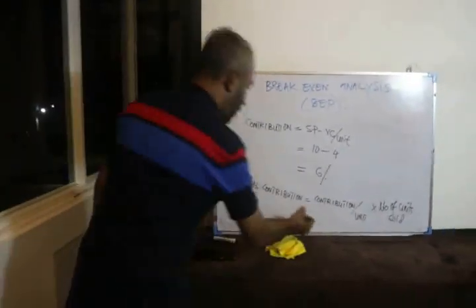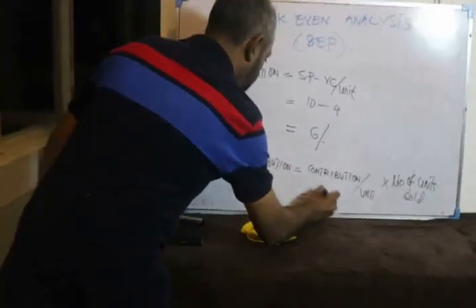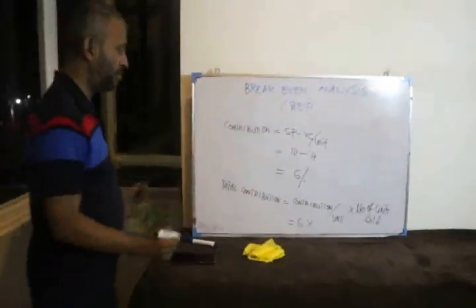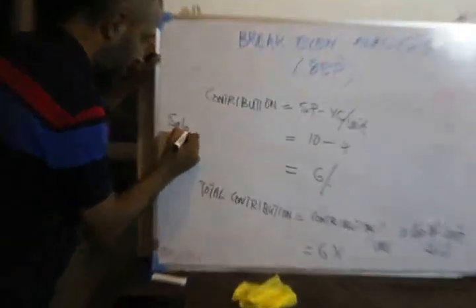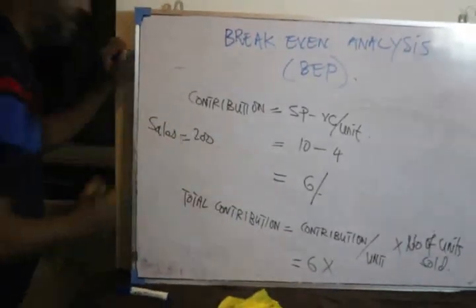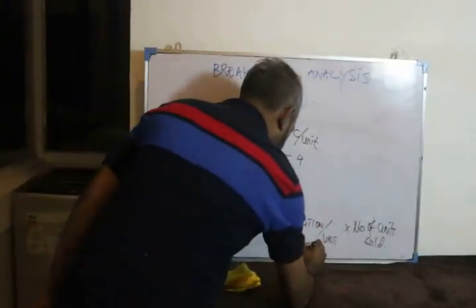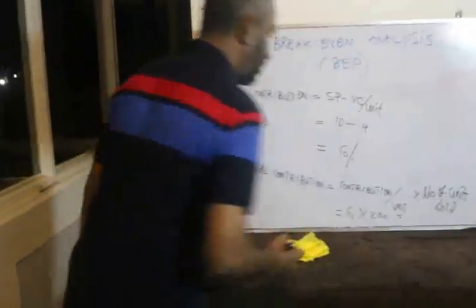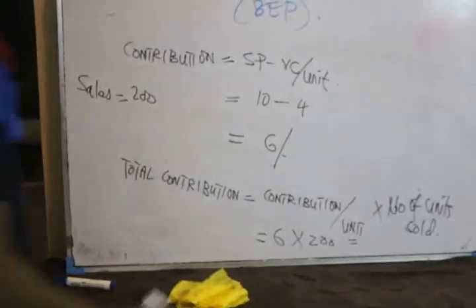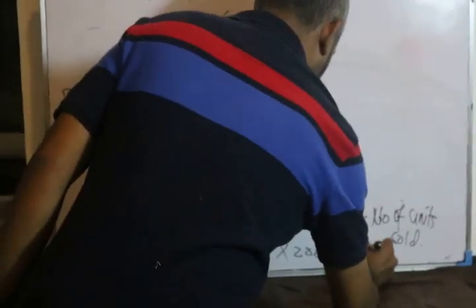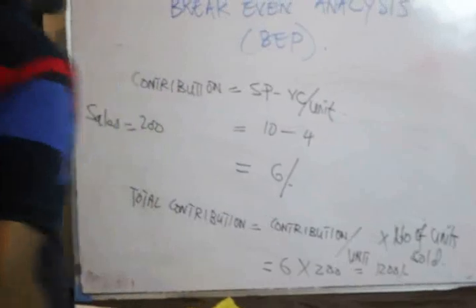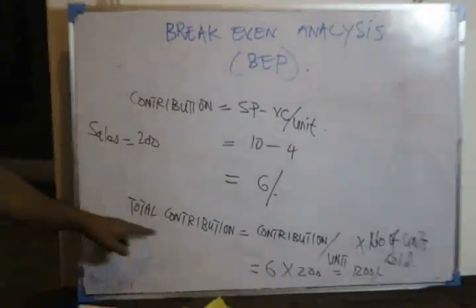So the contribution per unit we know is 6, and if I assume the sales units are 200, just for the sake of example, then the number of units we sold will be 200. So the contribution in this example is 1200. So this is one way of calculating total contribution.